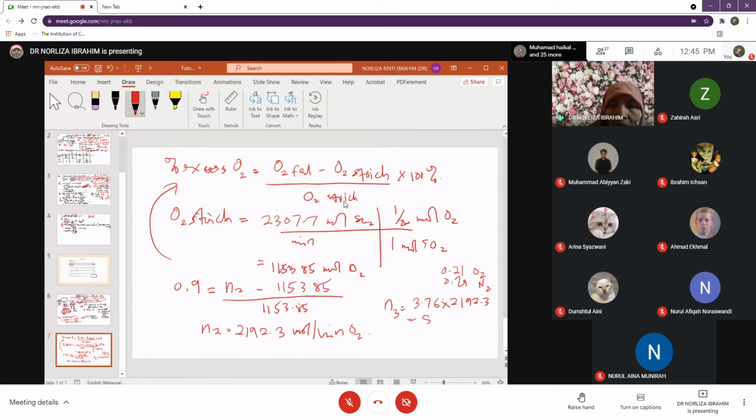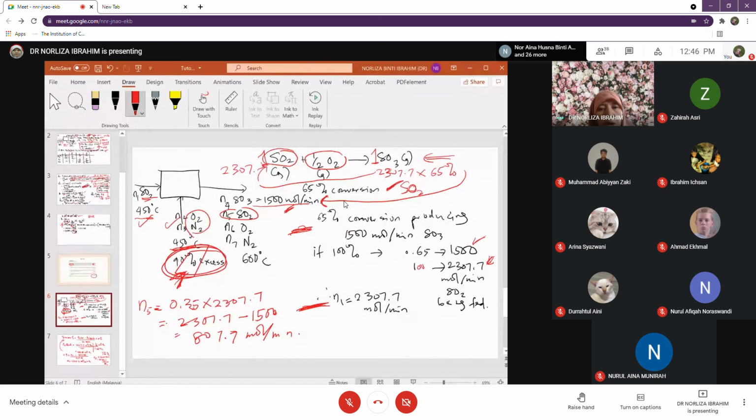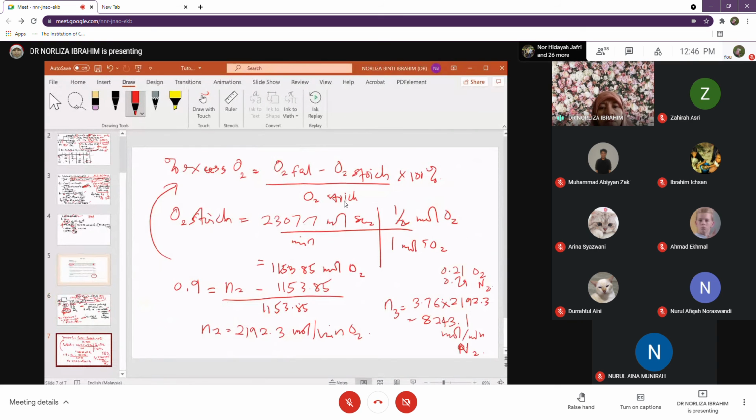So this is 8 something, I guess, 8243.1 mole per minute of nitrogen. Okay, so I'm done with the feed. Any other things? Oxygen, nitrogen. Now I'm only left with oxygen in the product, N6.